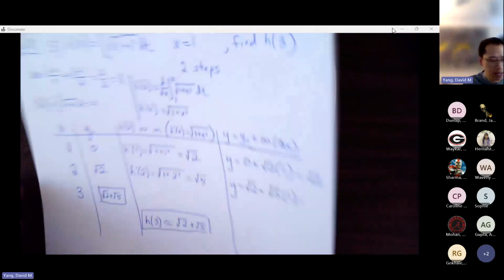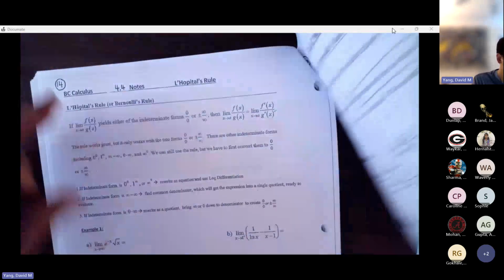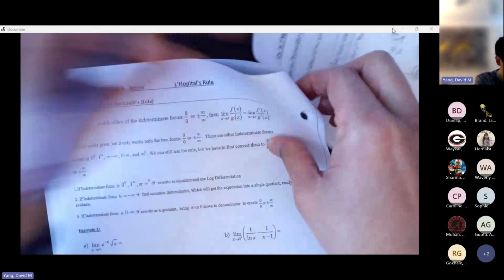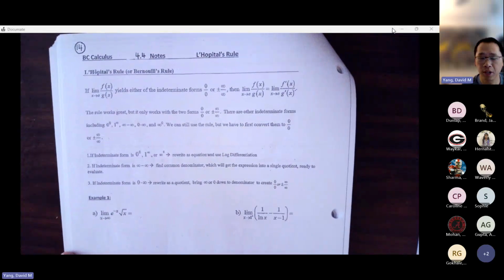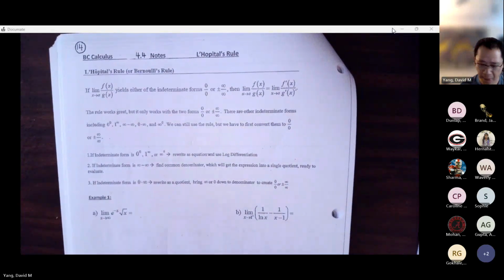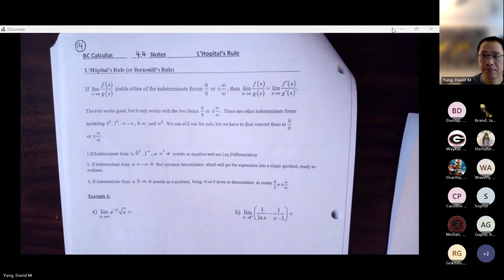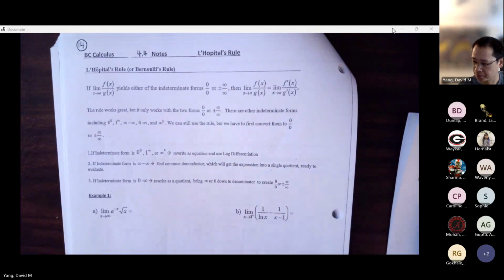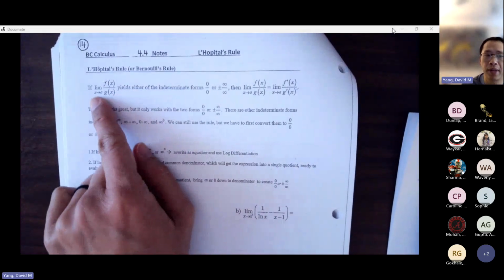Okay, with time remaining, I just want to revisit L'Hopital's rule and do maybe just one example here. So if you can turn to page 14 in your packet. We know how L'Hopital's rule works, right?